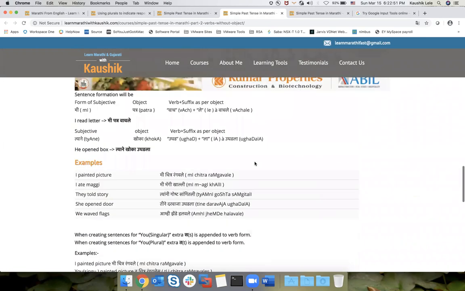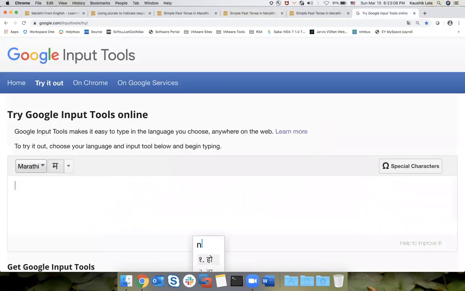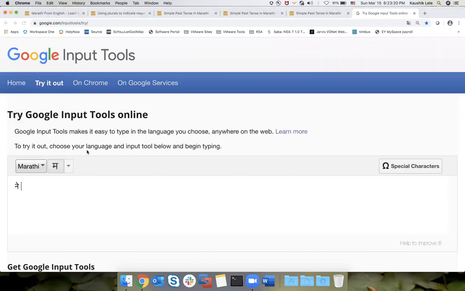This is great progress for me, typing Marathi real time. And small change, it will be ne, not ane. It will be ne. Oh, okay. That is the thing, right? It can bring me similar letters that are not the one I want. Okay, that ne in the end is ne. Kaushik ne mobile anla.